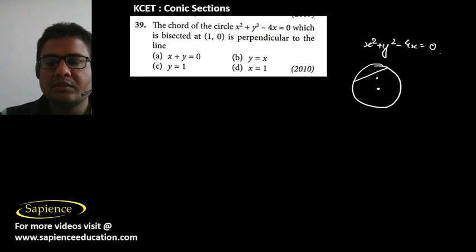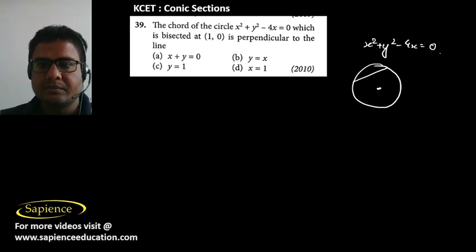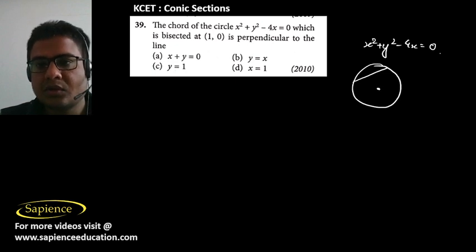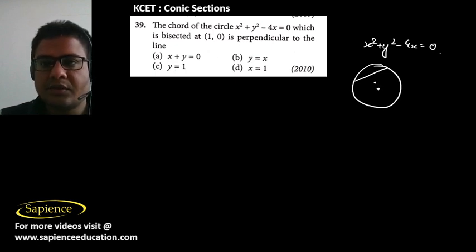Now we know that the perpendicular which is drawn on the chord from the center of the circle will bisect the chord. So this point is (1, 0) and this is the center.